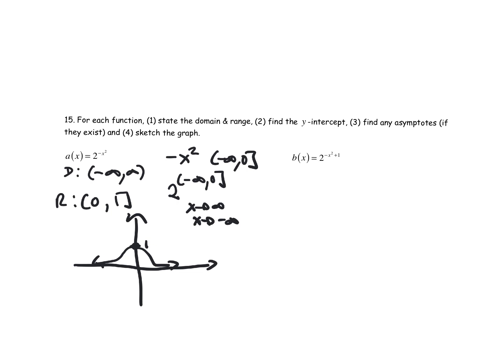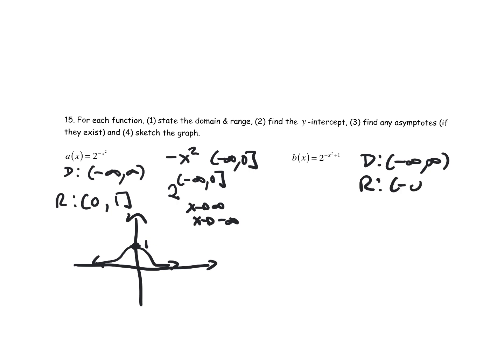So for this next one, there's a couple ways to think about it. First, you may want to consider the domain and range. Domain, again, no restriction here. For the range, let's look at what the range of the exponent would be. It's a parabola that, again, opens down, but shifted up 1.